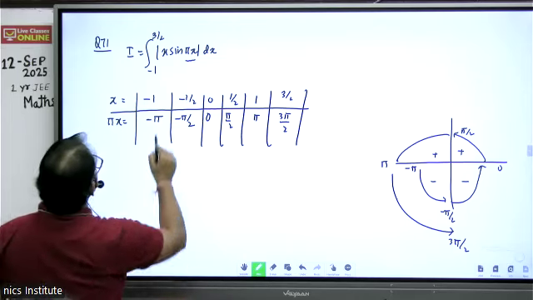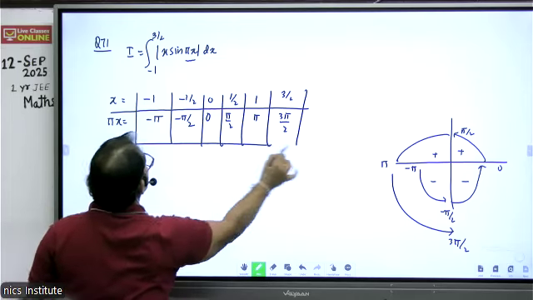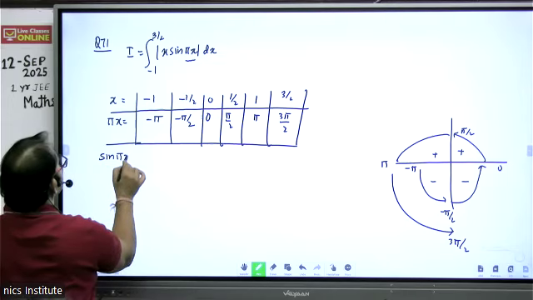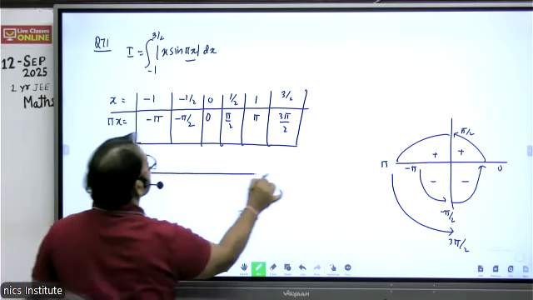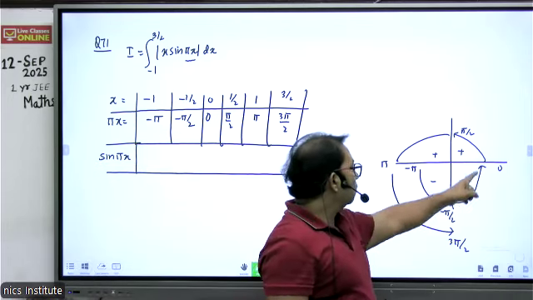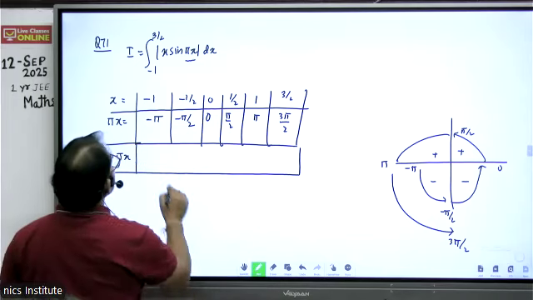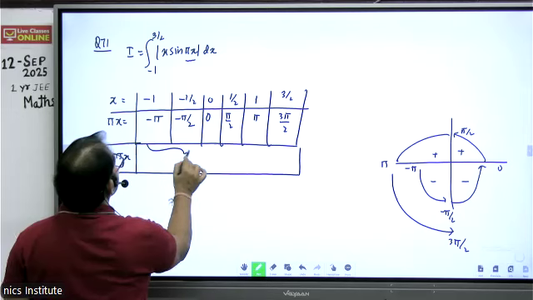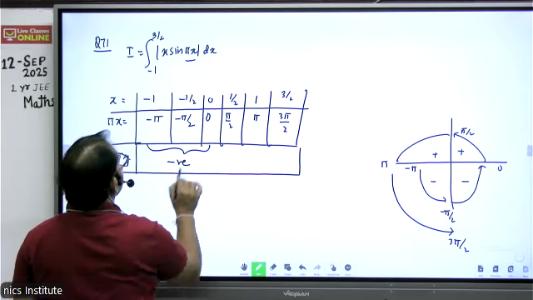Now we have to see the sign of sine pi x. Now from minus pi to 0, sine pi x, minus pi by 2 to 0, this entire interval, it is negative.